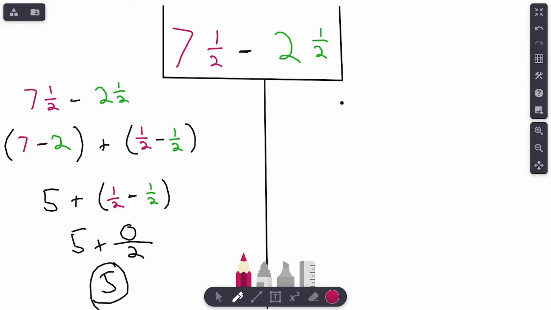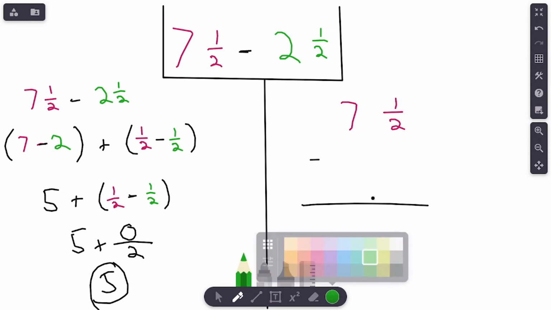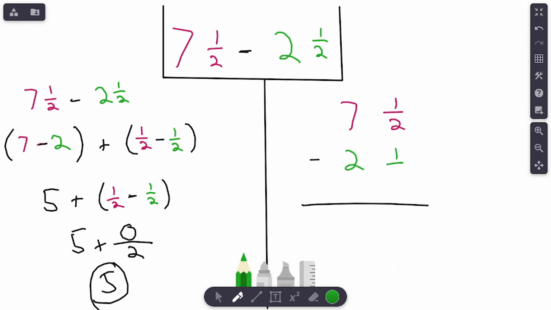We've got 7 1/2 minus 2 1/2. Subtract the fractions. 1 minus 1 is 0 over 2.